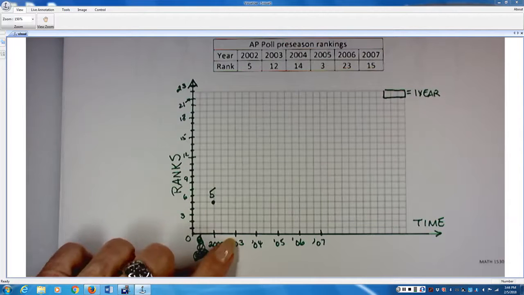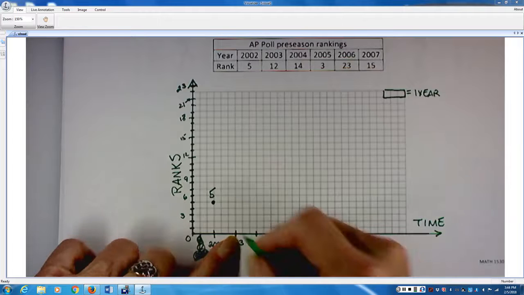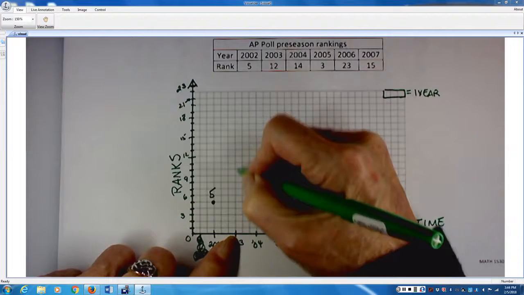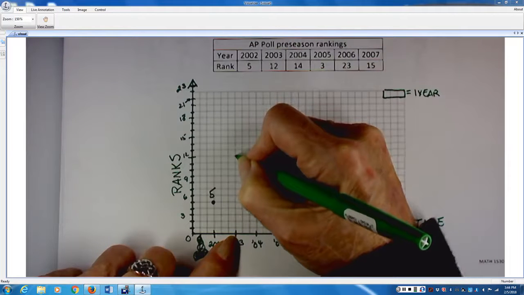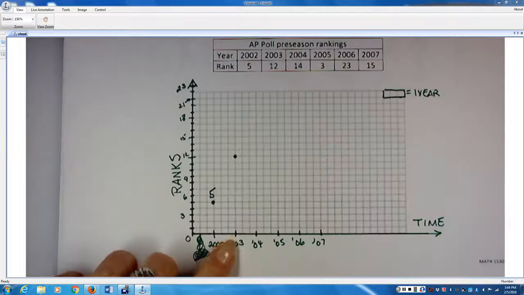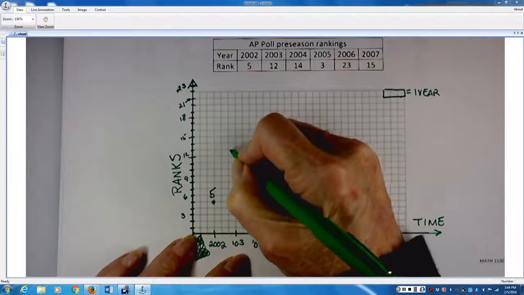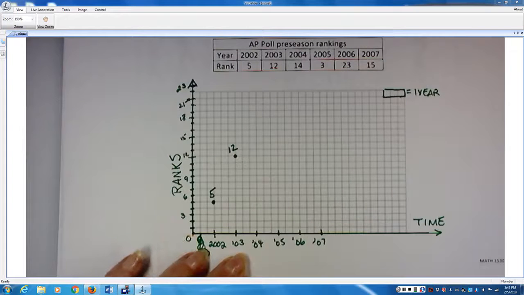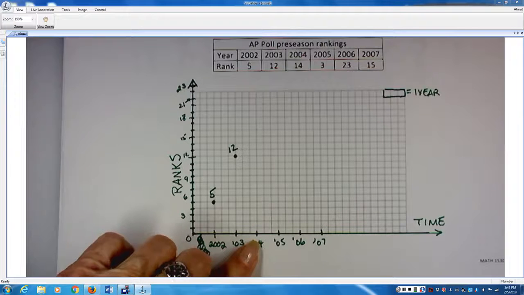And in 2003, they dropped to number 12. Even though my point goes up, that was not as good a ranking. And then their ranking in 2004 dropped even further.